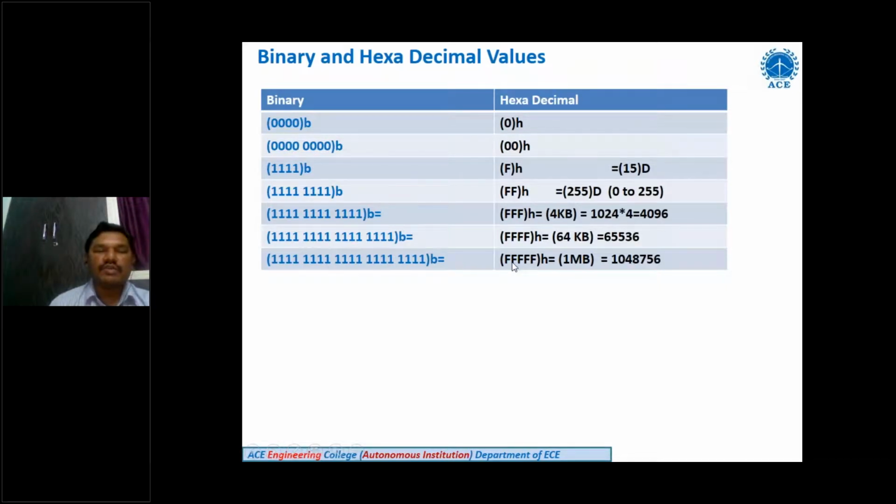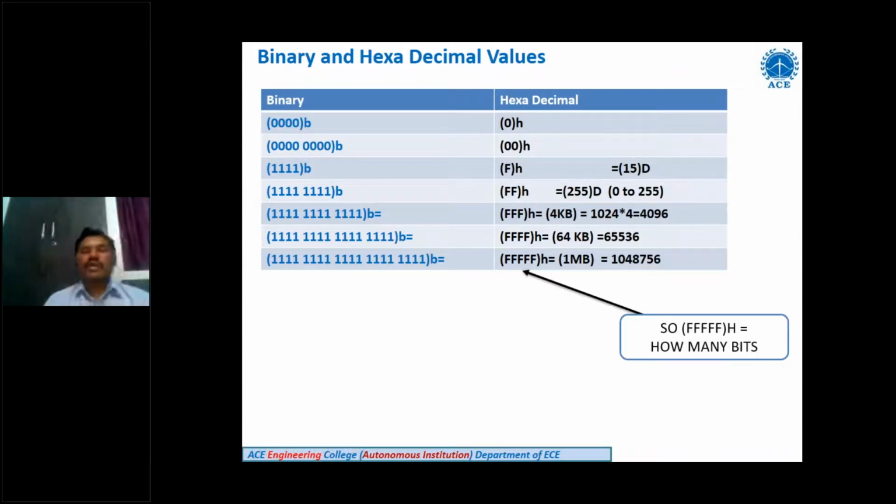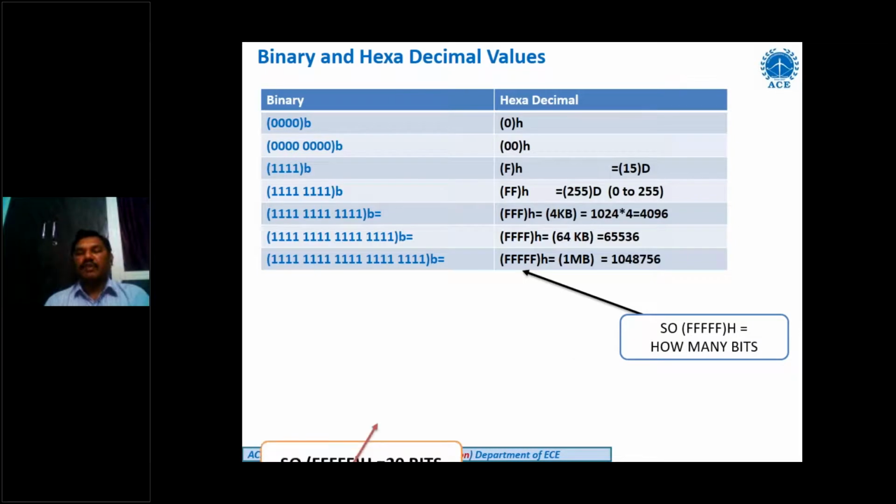Taking 20 ones gives FFFFFH, which is nothing but 1 MB, equal to 10,48,576.